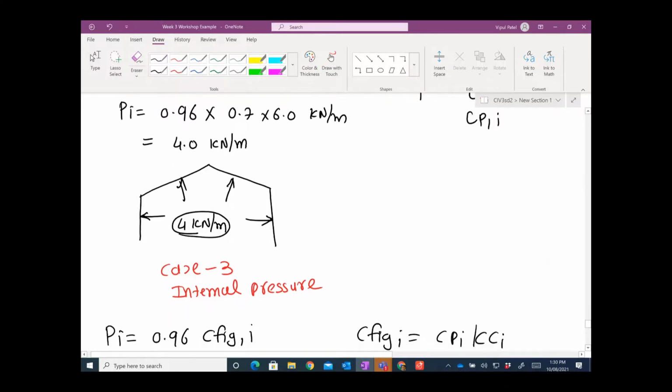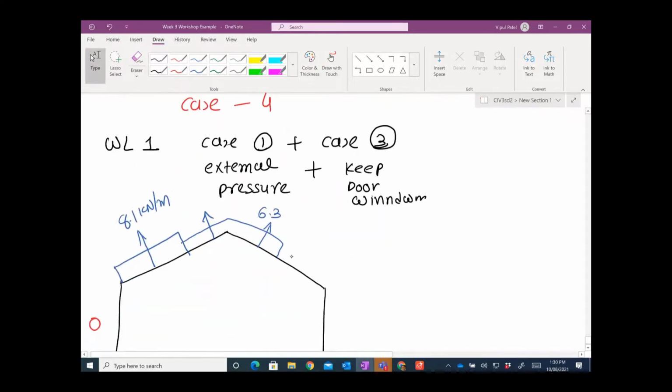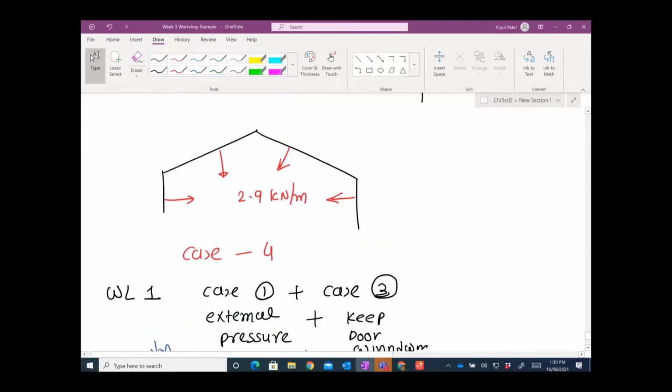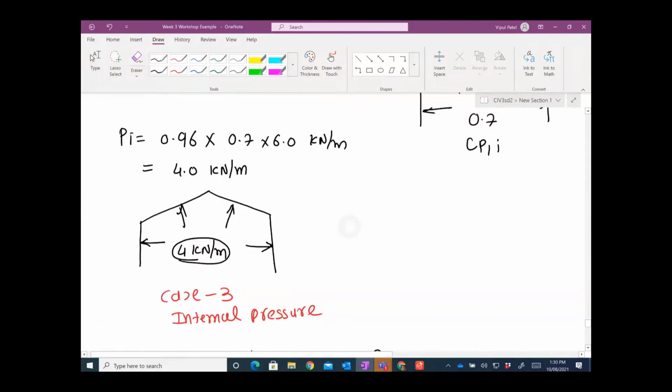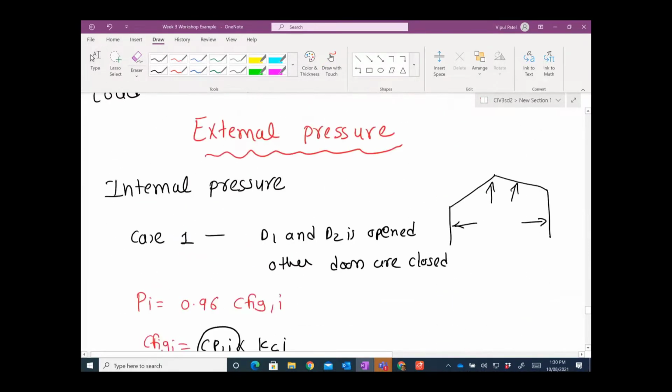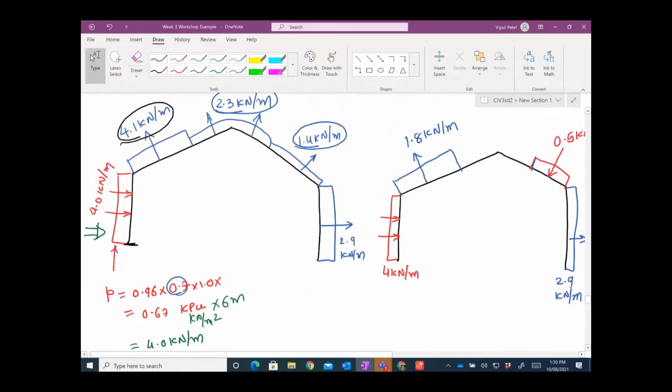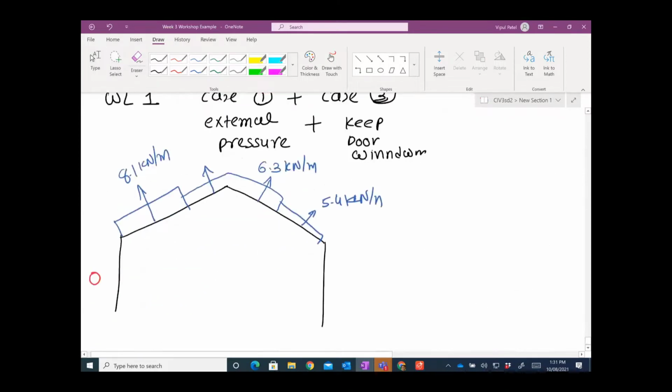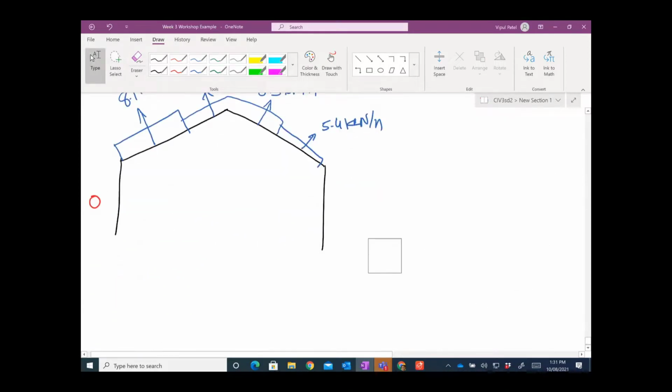So that will give you 5.4. Both are going here, which is 5.4 kilonewton per meter. And here you will have a 4 going in this direction and 2.9 going. So 4 and 2.9, 6.9. So you have 6.9 kilonewton per meter. I hope you understand that.